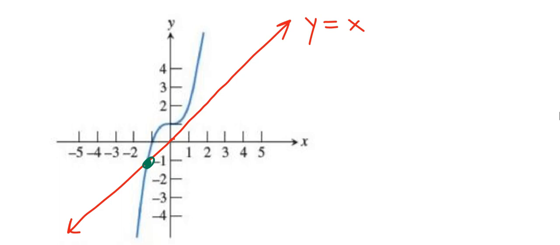What is the approximate coordinate there? It is -1, -1. What's going to happen to that green dot?